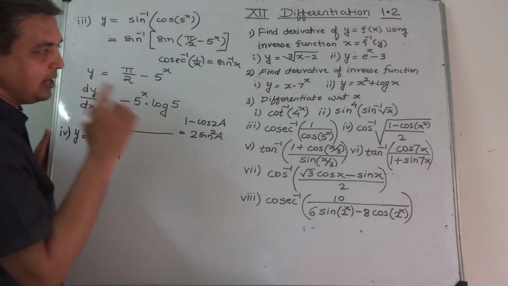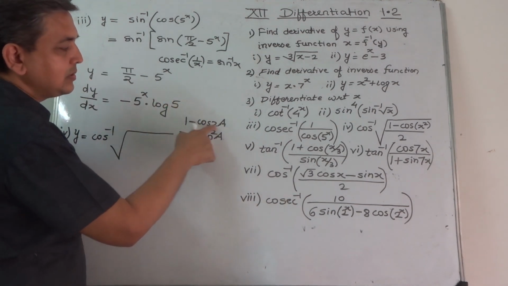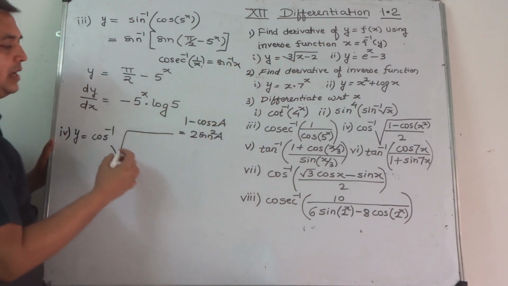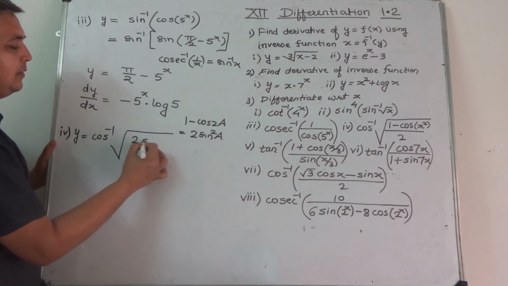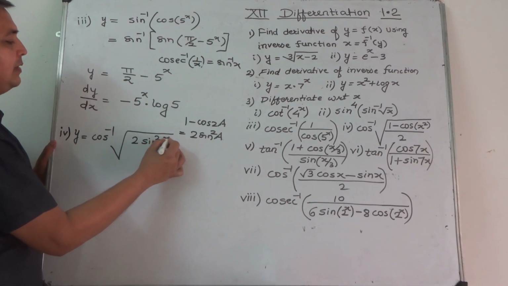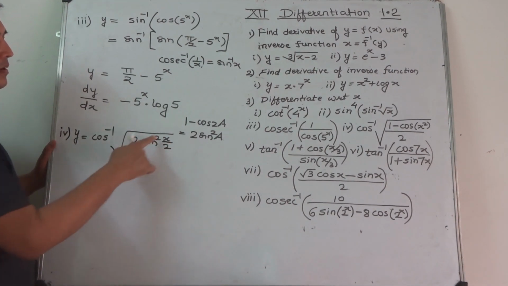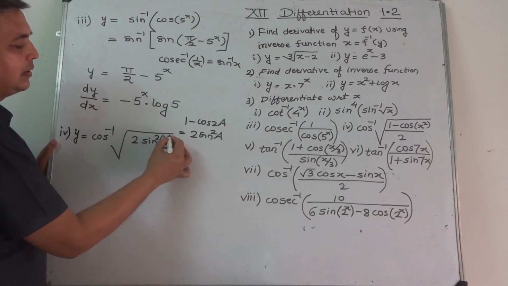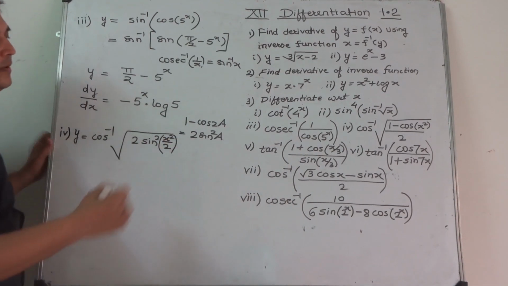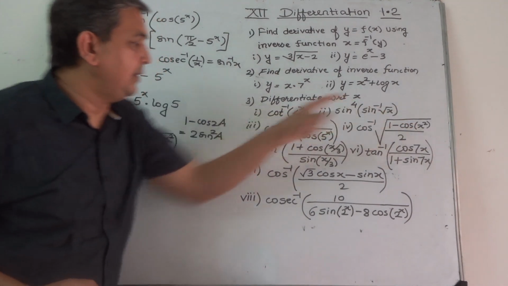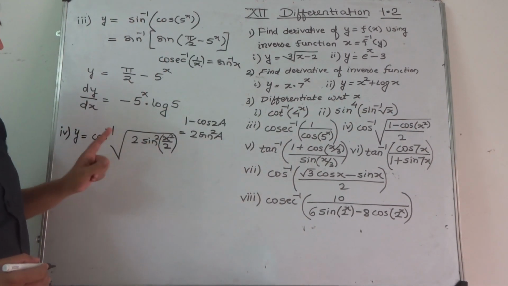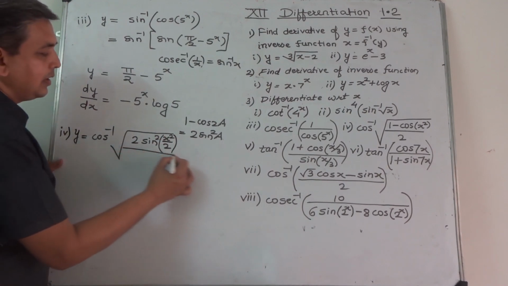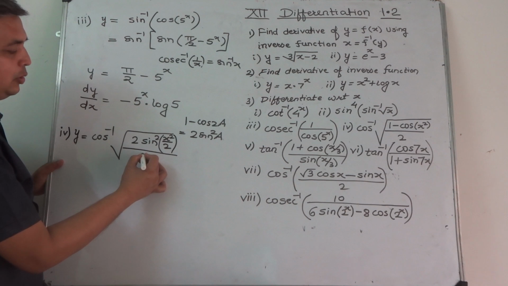What do I write inside the root? 1 minus cos 2a is 2 sine square a. So 1 minus cos x square is 2 sine square x square by 2, upon 2.